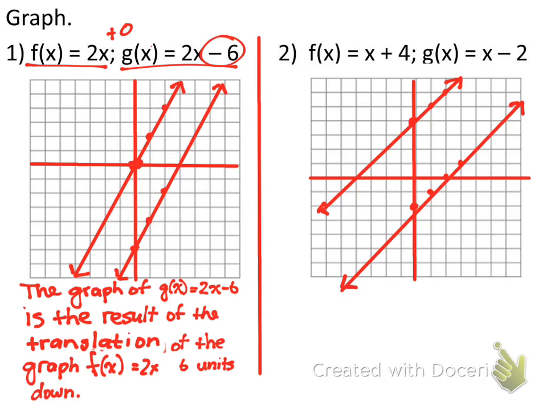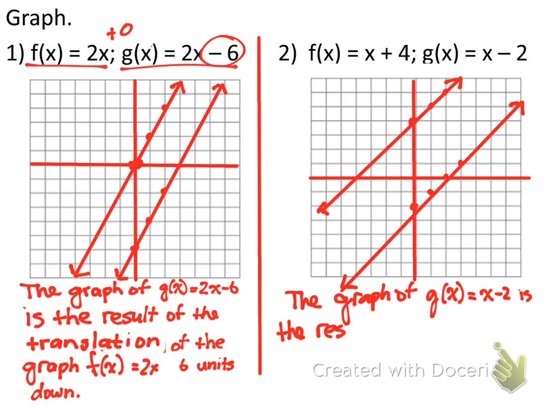So, I start by writing the graph of, let's see, this one is g of x equals x minus 2 is the result of the translation of f of x, which is equal to x plus 4, and I count y-intercept to y-intercept.